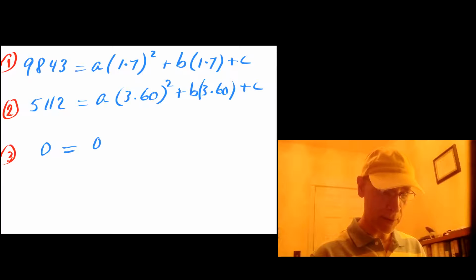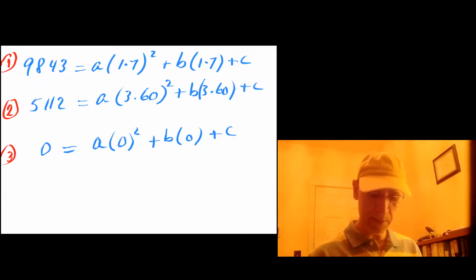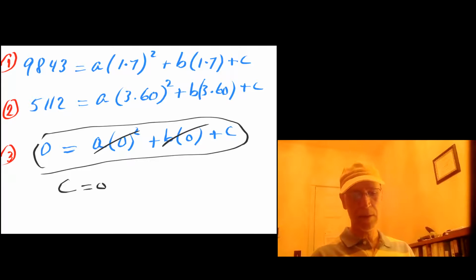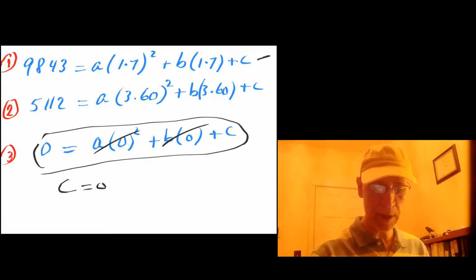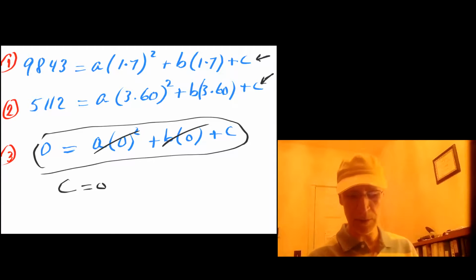So I have a times 0 to the second power plus b times 0 plus c. And notice that the third one is really making my life easy. This is 0, this is 0, so I know that c equals 0. So now I can plug those zeros into equations 1 and 2.